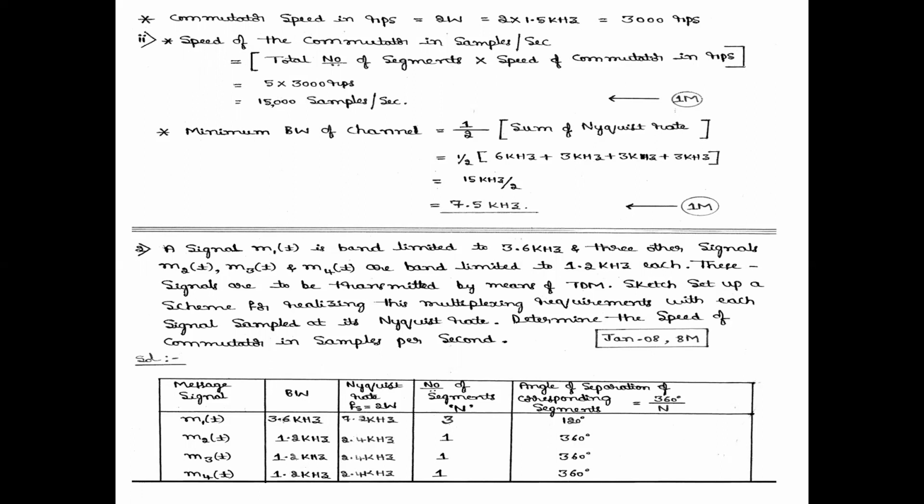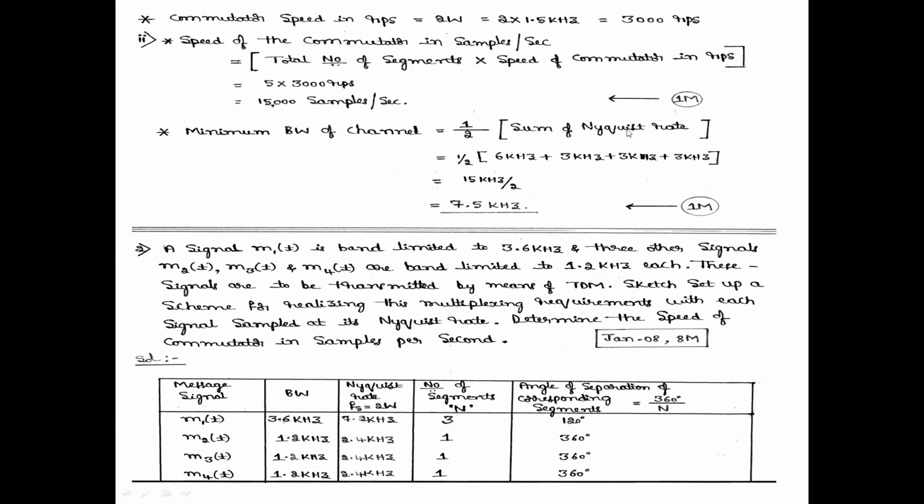The minimum bandwidth of the channel is equal to one half of the sum of the Nyquist rates. As I said, different signals have different frequencies, so the Nyquist rate is different for different signals. But the commutator speed needs to be calculated based on the lowest frequency of the input signals, multiplied by 2.